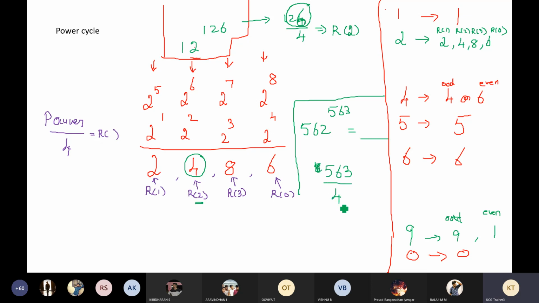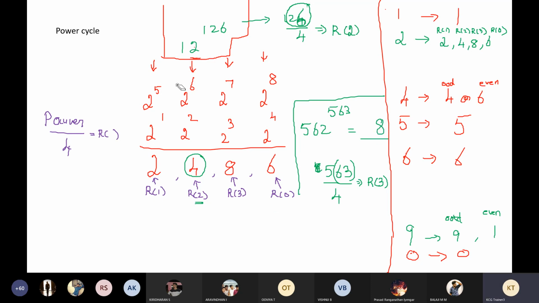If I divide it by 4, just look at the last 2 digits, 63. Upon dividing by 4, 60 is divisible, so the remainder is 3. Very good. If the remainder is 3, then the last digit is 8.